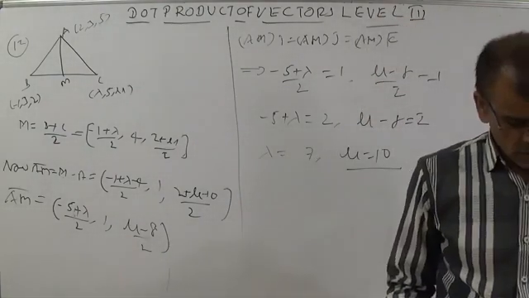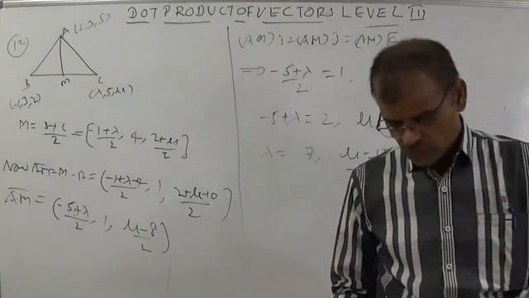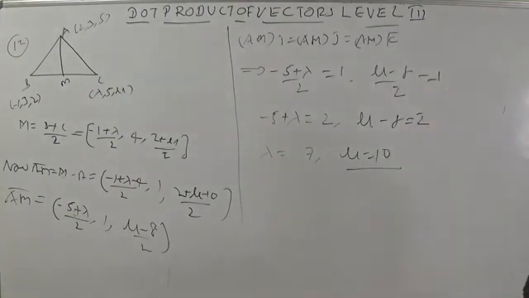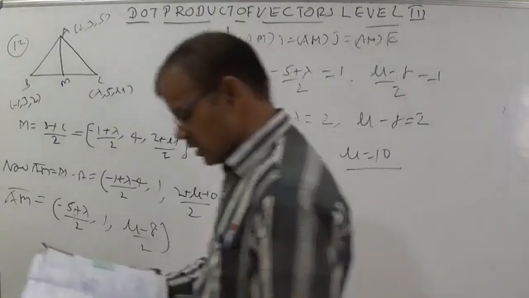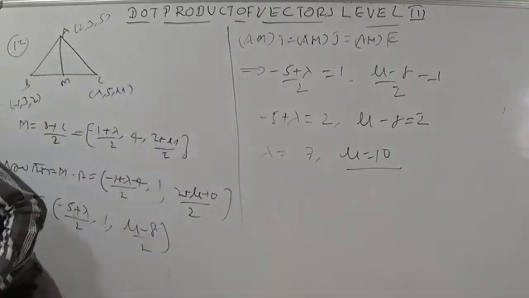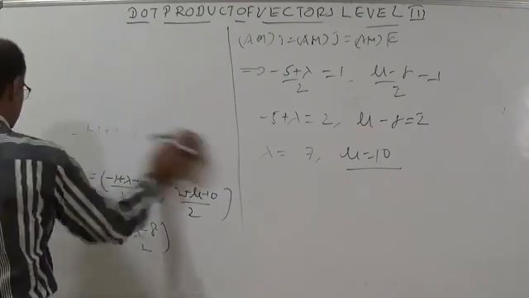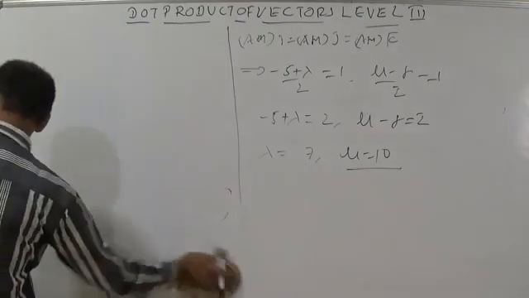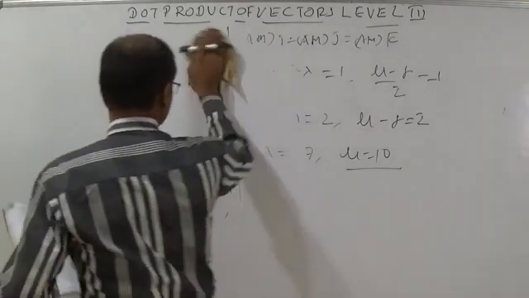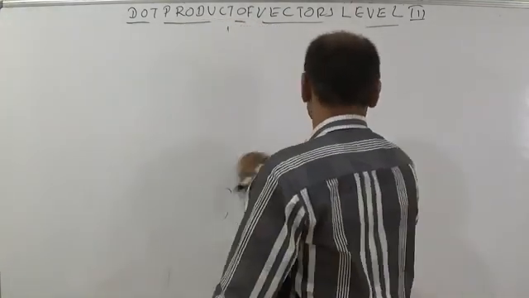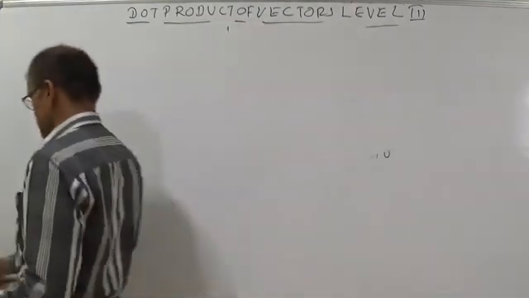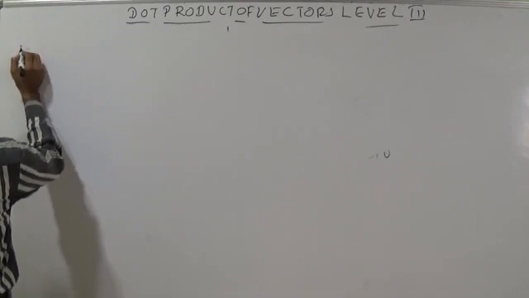13th question, he gave the data: the vectors 3a minus 5b and 2a plus b are mutually perpendicular. He is discussing two vectors.